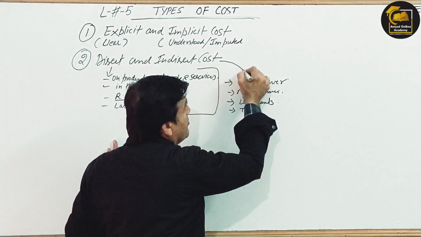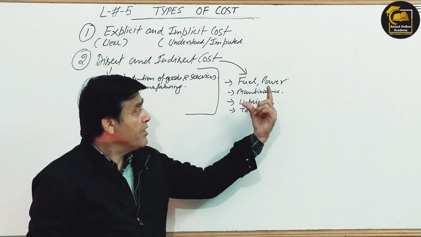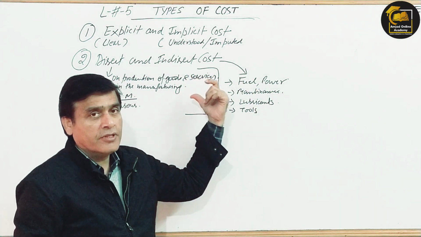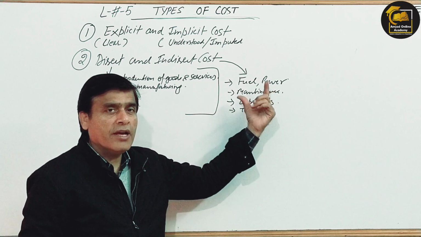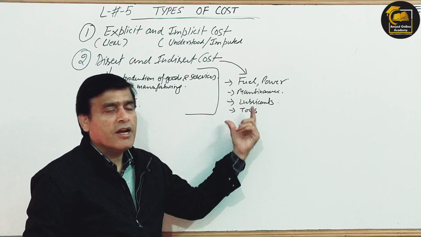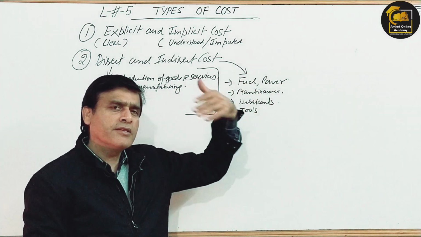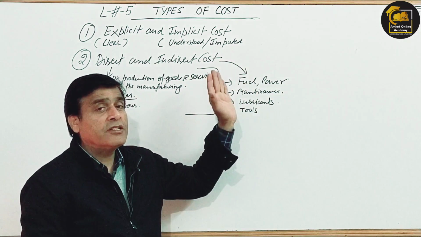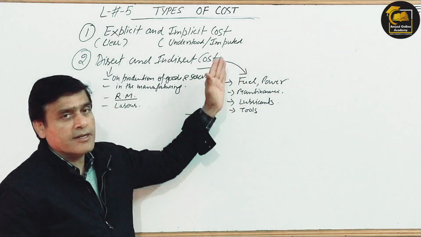So these will be categorized in the indirect cost. They are not the main part of the production, but they are assisting the production. So any cost which is incurring either in the factory, in the office, or in the sales department, whatever, but which is assisting the production, assisting the business, that is known as indirect cost.